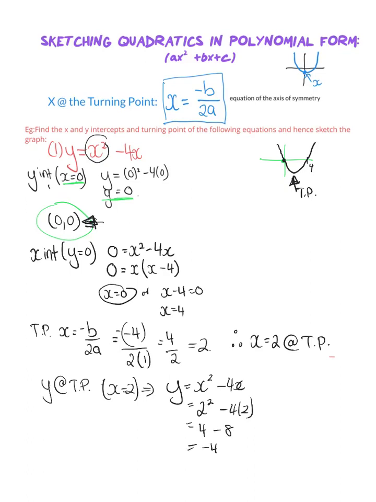So we know the turning point is occurring at 2 and negative 4. So up here in our graph, we've got 2 and negative 4.